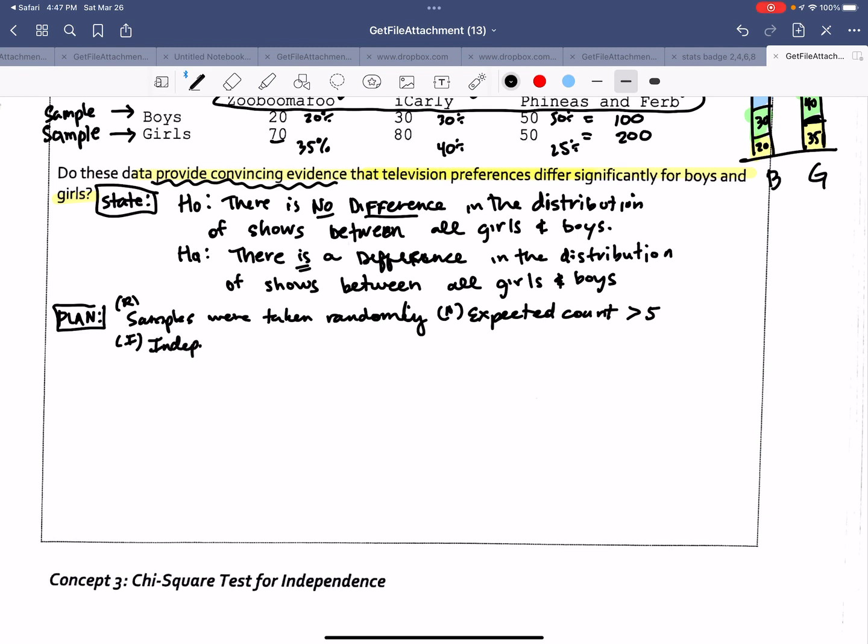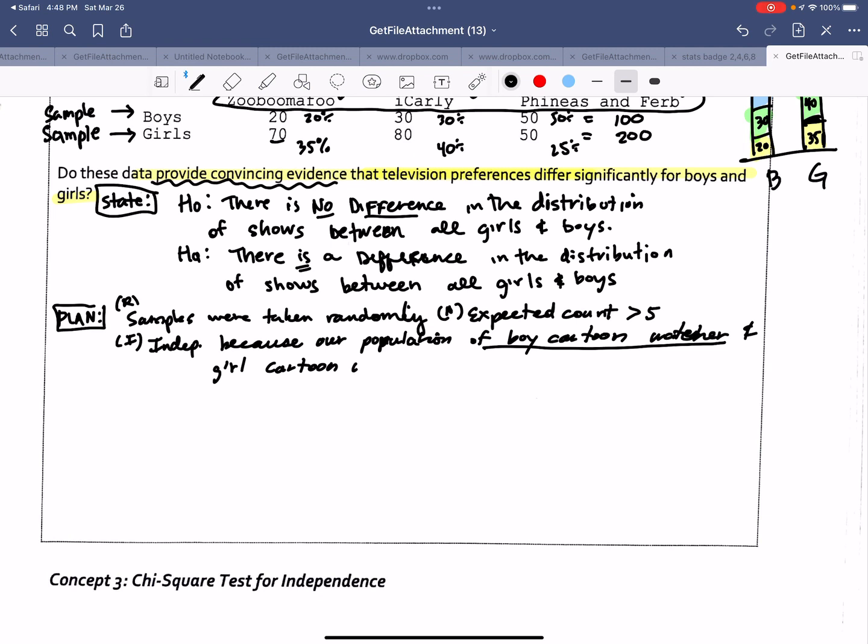We're going to have independence because our population of boy cartoon watchers, so that's our population, and girl population watchers, is greater than 1,000 for boys and greater than 2,000 for girls.